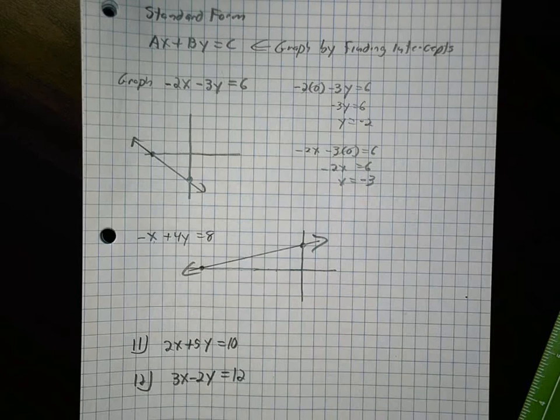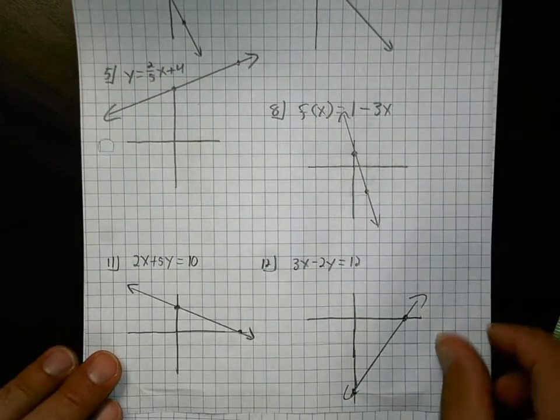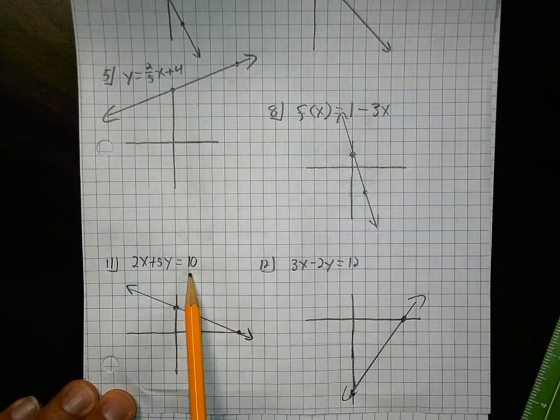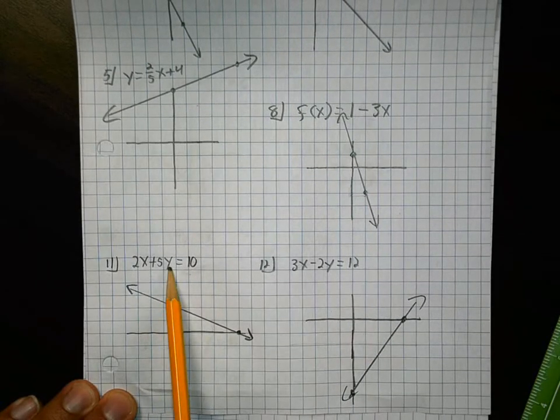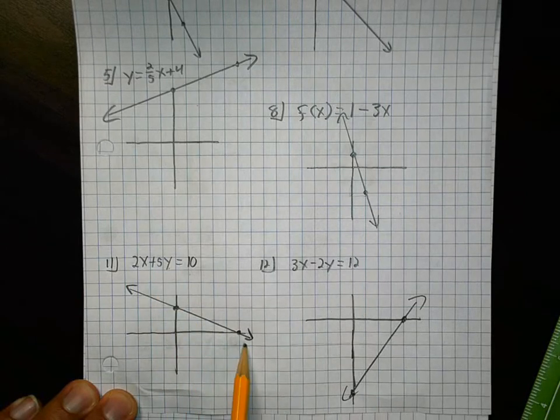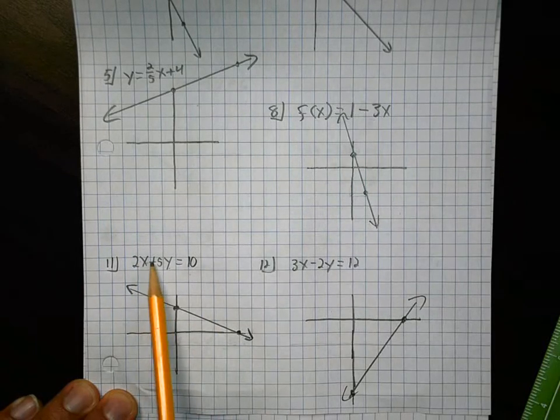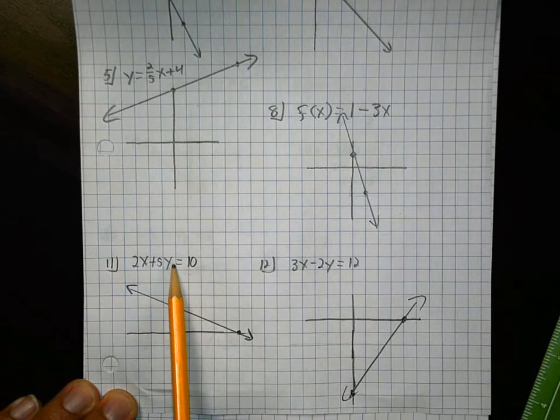Okay, so you had a chance to do those two problems. Here are the answers. 2x plus 5y equals 10. If I substitute 0 in for y, that term is 0. Divide both sides by 2 and I get 5 for x. Substitute 0 in for x, y is going to have to be 2.